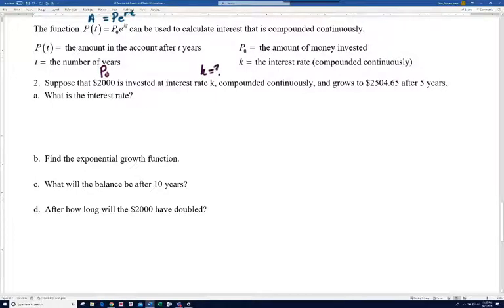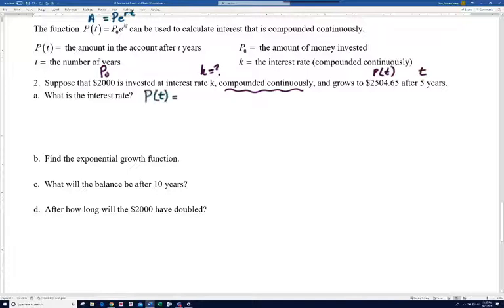And let's see, it is compounded continuously, so this is the formula we want to use. It's basically the PERT formula. It grows to $2,504.65, so basically that would be our P of t, which we used to call A, after 5 years, and of course that's our t. So what's the interest rate?